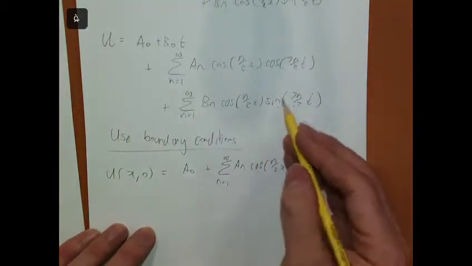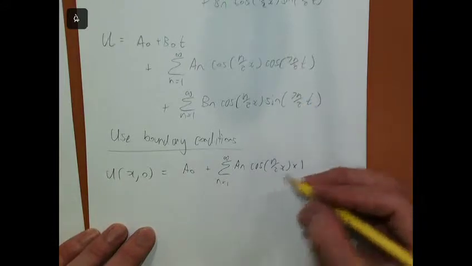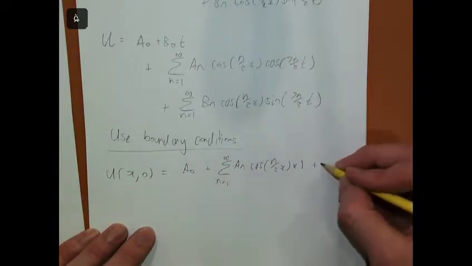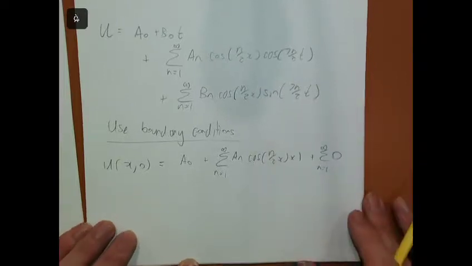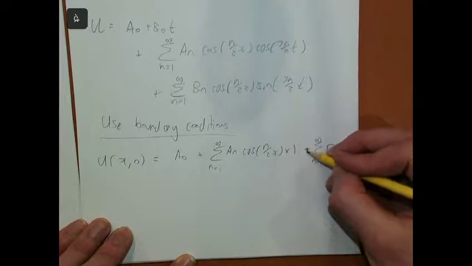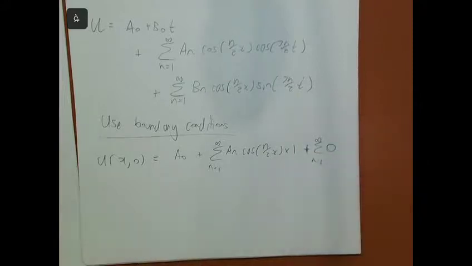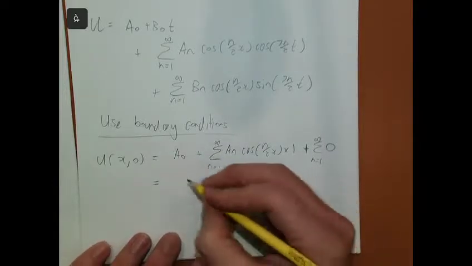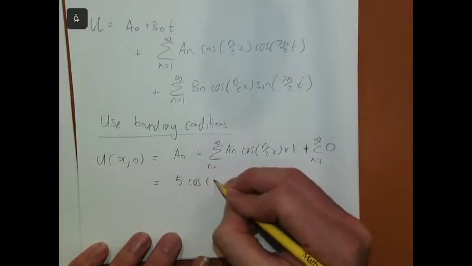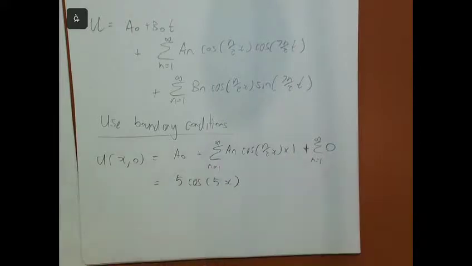And when t is 0 here, I get 0, because sine of 0 is 0. Just for completeness' sake, so you can see what happened there. So this bit doesn't really exist. And this is supposed to come out to 5 cos 5x.